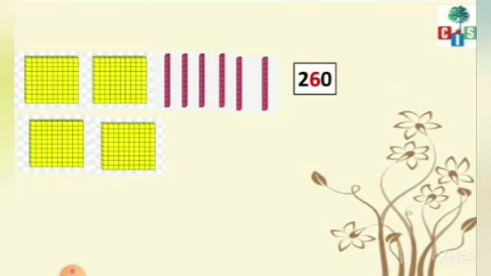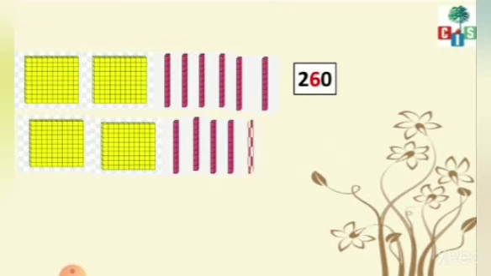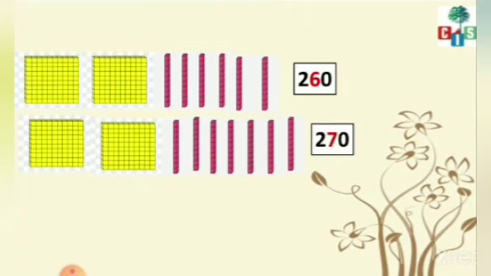Two blocks of 100. And tens. 1, 2, 3, 4, 5, 6, 7. So after 260, my answer will be 270.